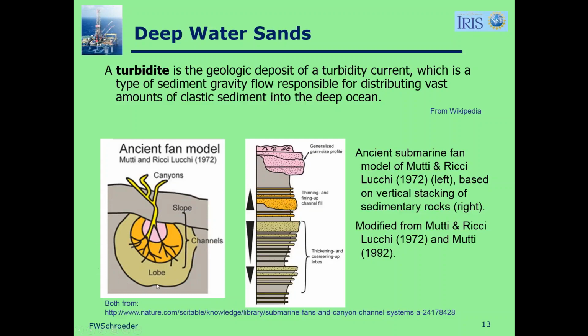And then at the toe of the slope, where the seafloor gradient flattens out, the turbidity currents lose their velocity because the gravity pull is not so large, and the coarser materials are deposited first, the medium grain, and then the finer grain. And so we can get a lobate shaped deposit near the toe of the slope.